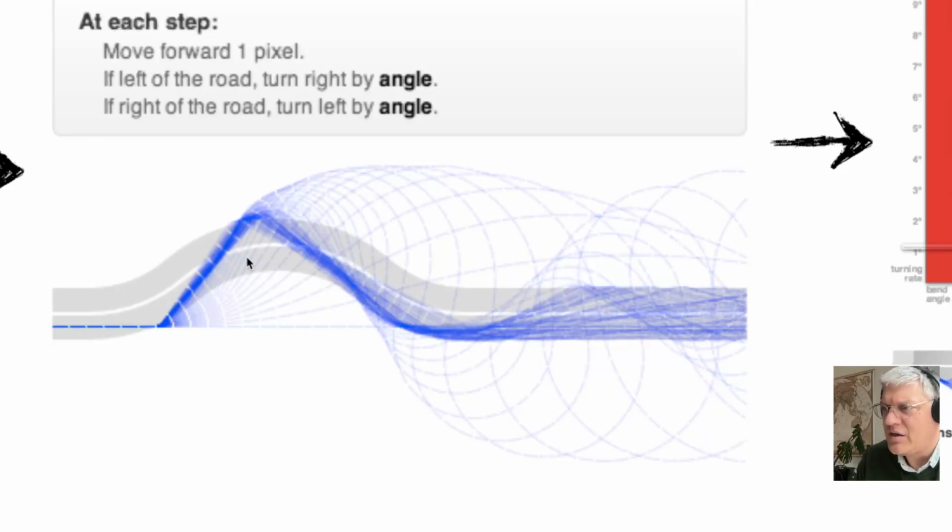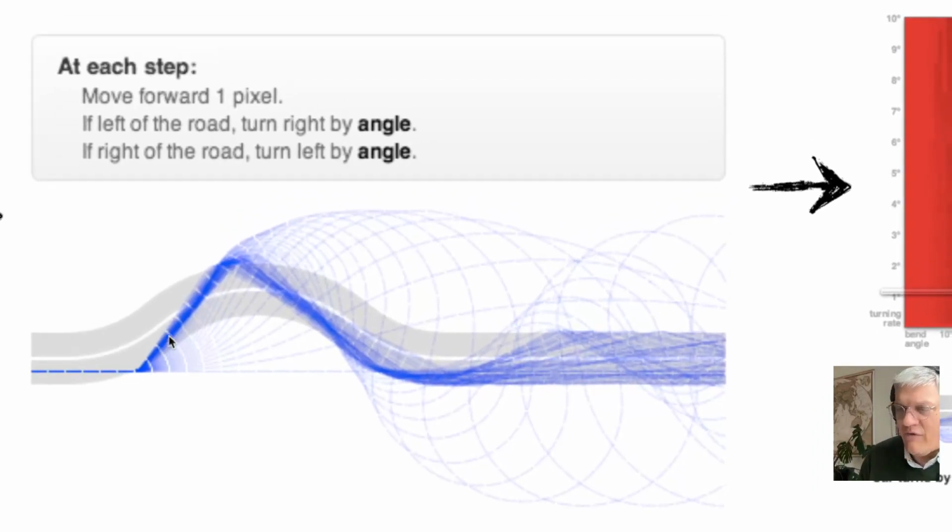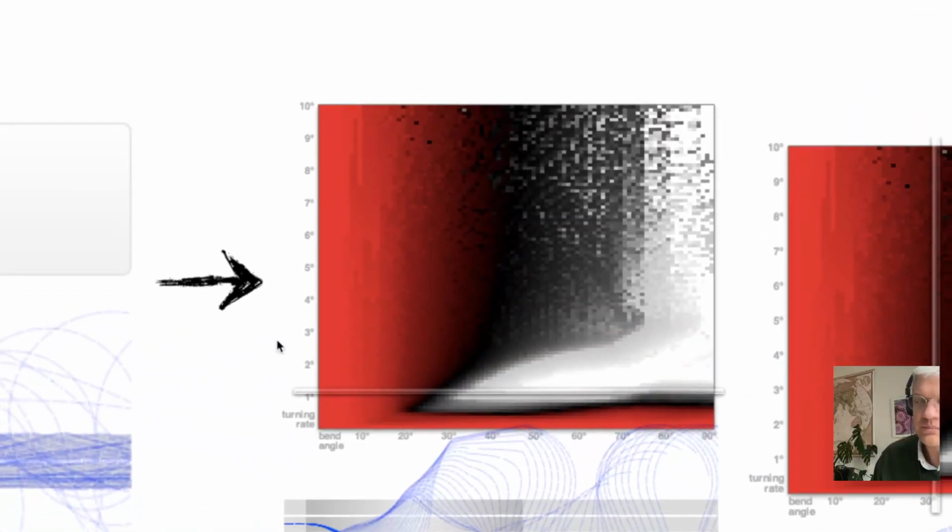I'll have to reread the paper. Of course, this shows all the different paths a car can follow on a road with this bend in it. But what if we have a road with no bend or a sharper bend? That's what this is.